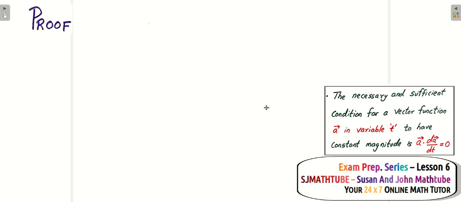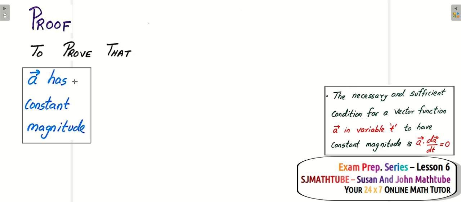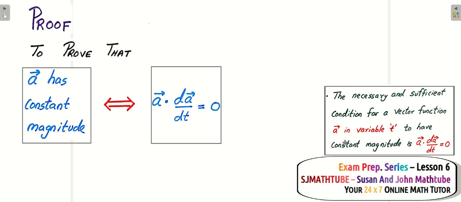So here is the statement of the theorem, which is exactly what we are trying to prove: A has constant magnitude if and only if A dot dA by dt equals 0. Remember, this necessary and sufficient is just the biconditional statement.